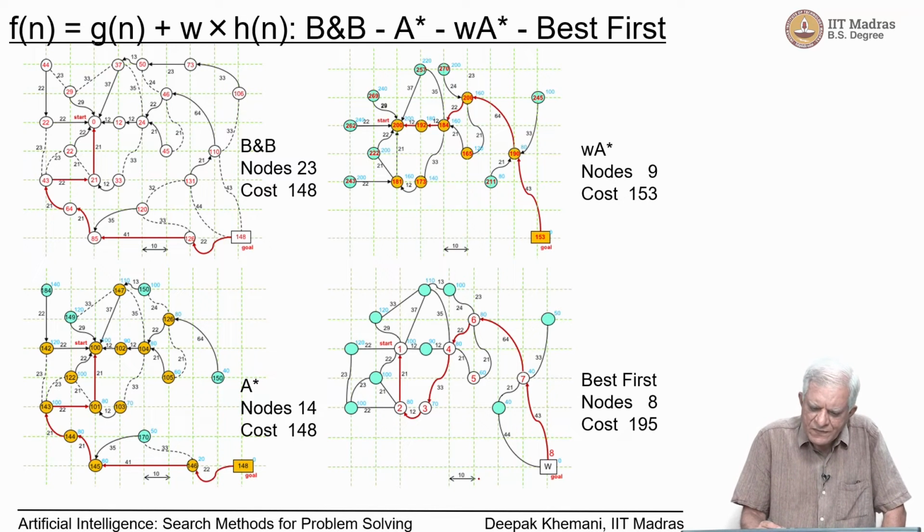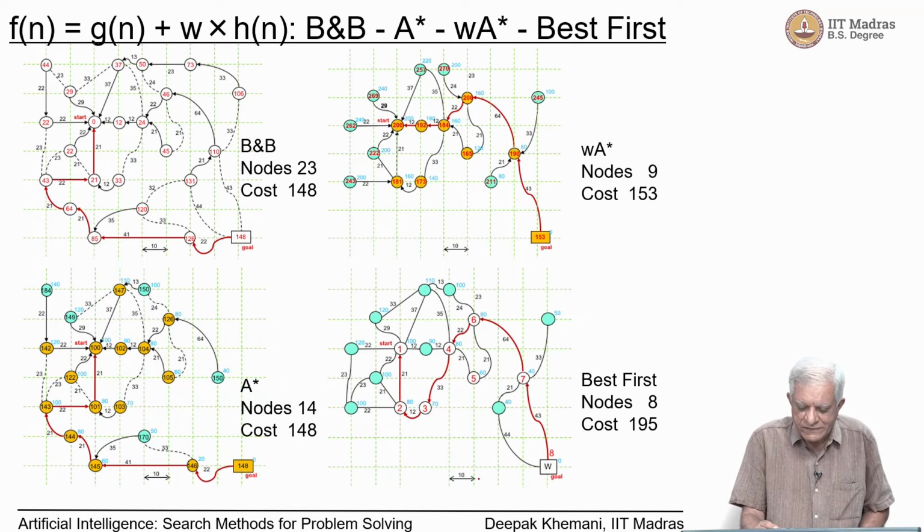Then on the top right we have W A star with W with a value of 2. We saw that it explored 9 nodes and found a path of cost 153. And in the bottom, the algorithm we started with, which is best first search, it inspects only 8 nodes and found a path of cost 195 essentially.